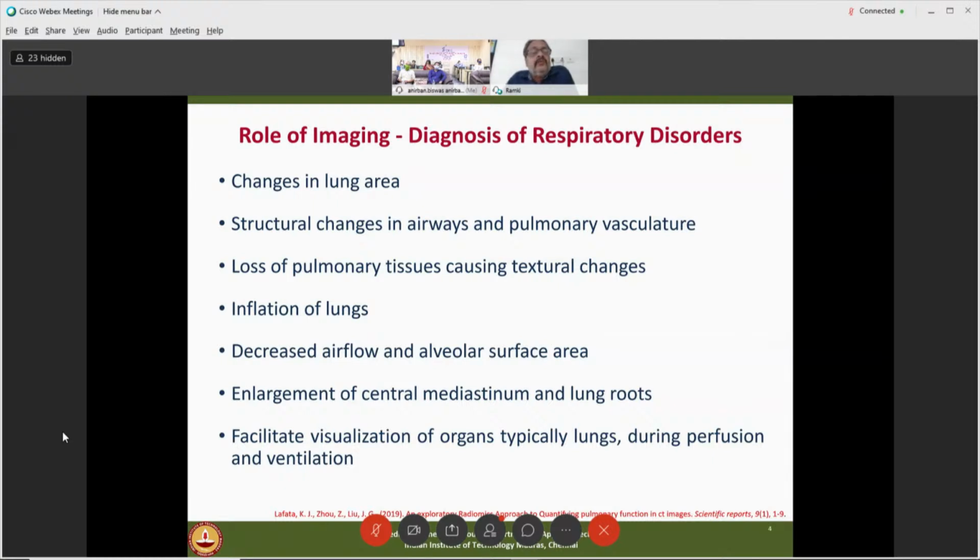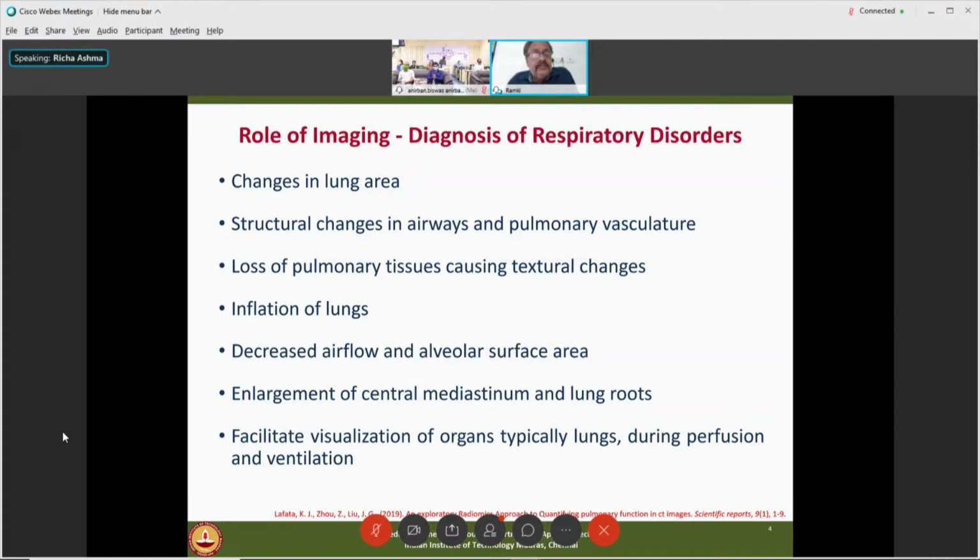Now, if you look at the role of imaging in respiratory conditions, our interest is to look at the changes happening in the lung area: structural changes in airways and pulmonary vasculature, the loss of pulmonary tissue that causes changes in textural patterns in images, inflammation of the lungs, decreased airflow in the alveolar surface area, enlargement of the central mediastinum, and lung folds.